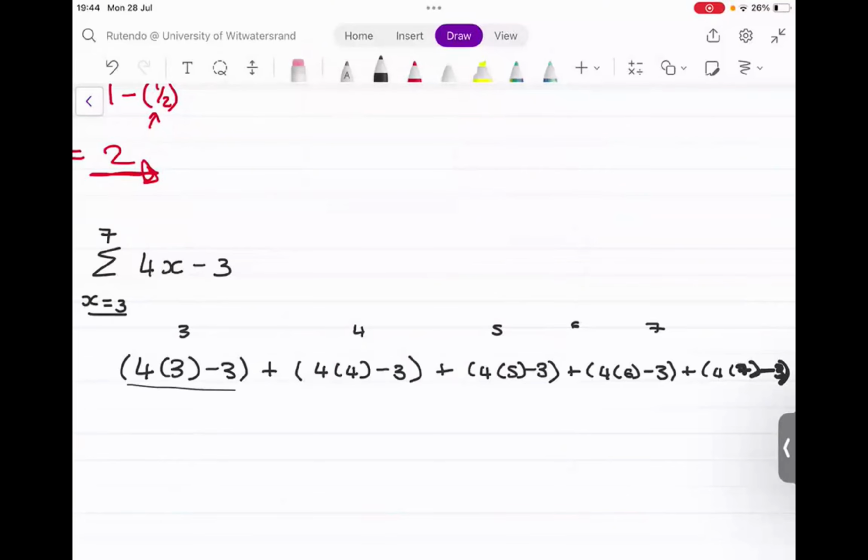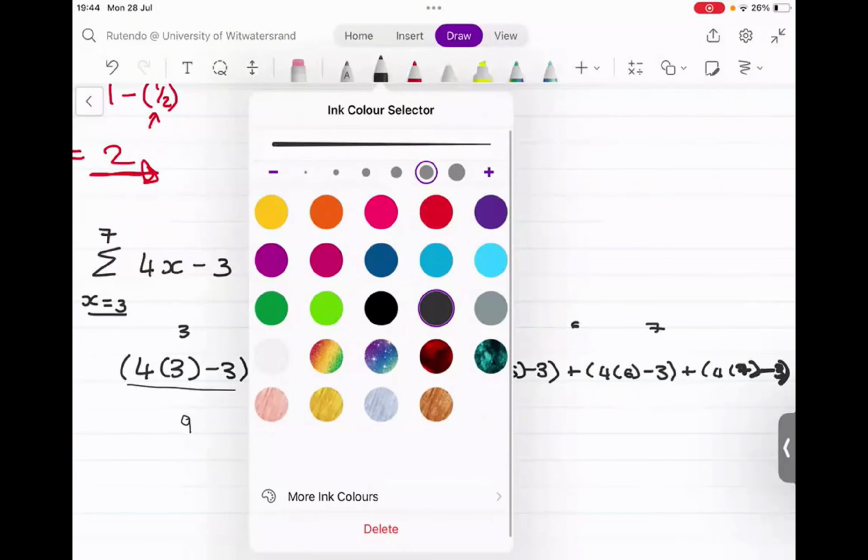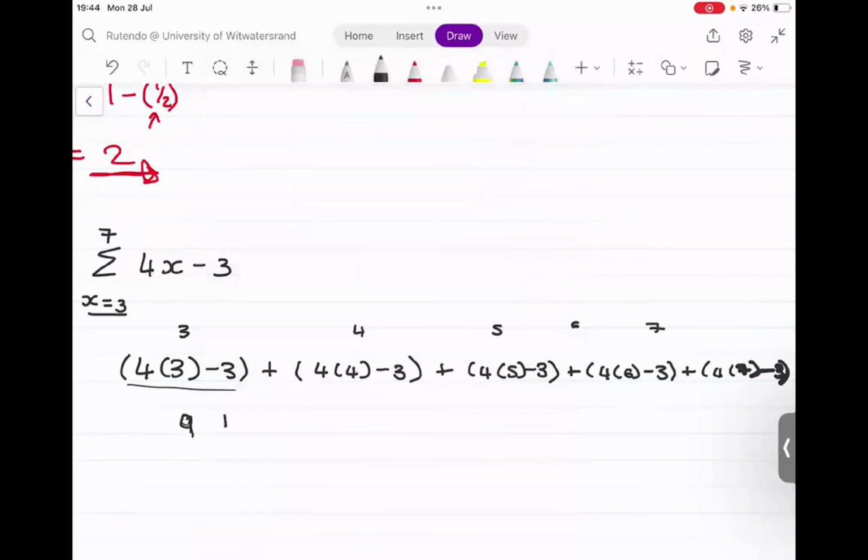What is 4 multiplied by 3 minus 3? We have 9. We have 9 plus 13 plus 17 plus 21, I think, plus 25.